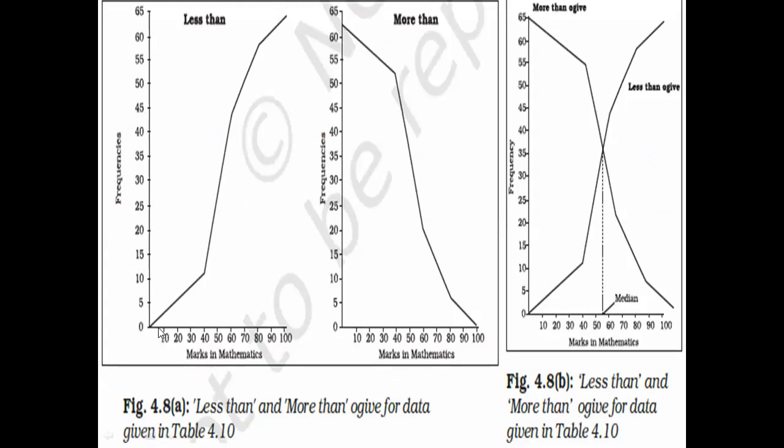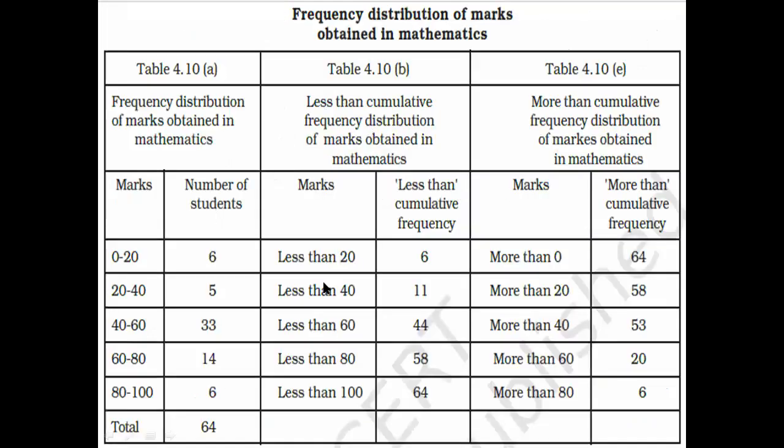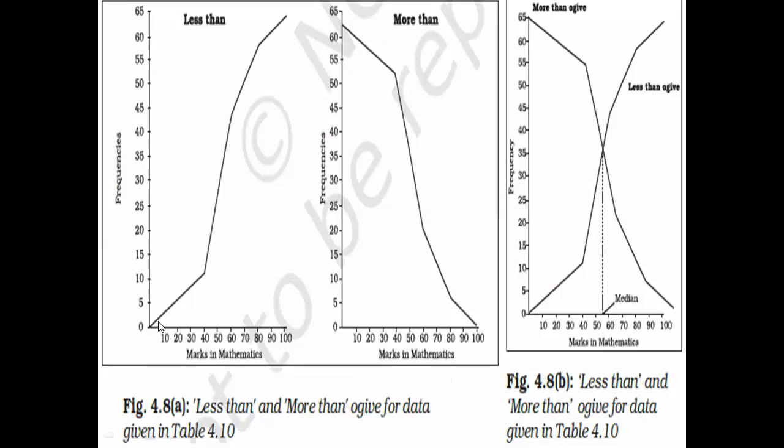So this is the less than ogive, for example. Here you can see this is 20, and it is going up to here. On this side is the frequency, or number of students, 6. So just after 5, 6, less than 20.